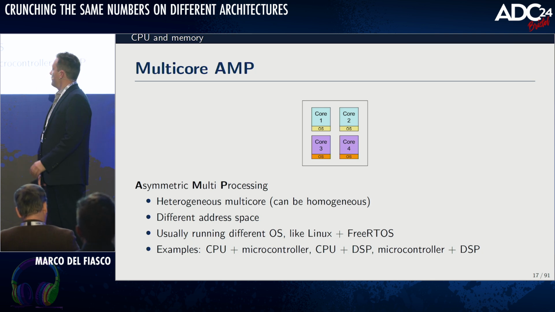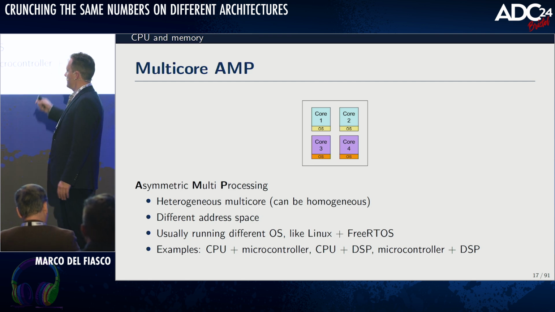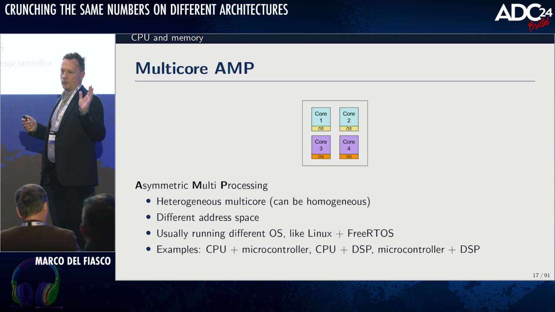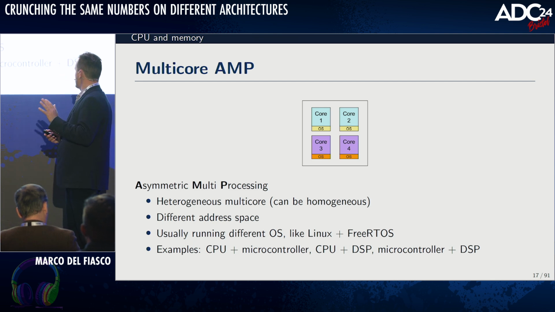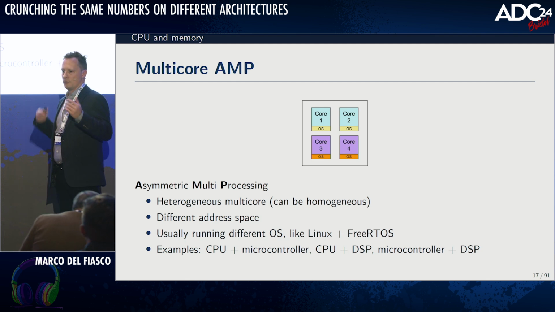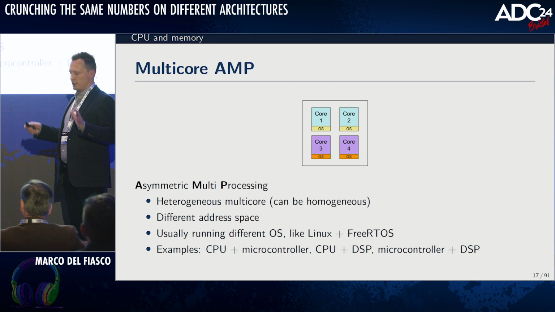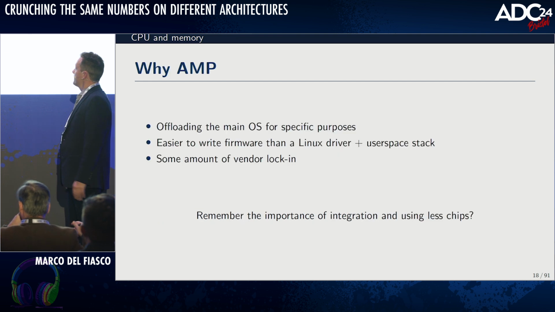So you typically have Linux plus FreeRTOS, or you can have Linux plus bare metal. Examples of AMP are a CPU plus microcontroller, CPU plus DSP, or even microcontroller plus DSP. So there are a lot of choices when choosing new hardware.